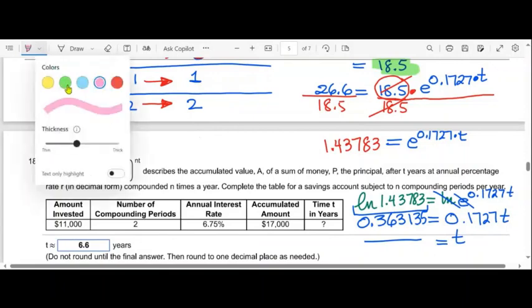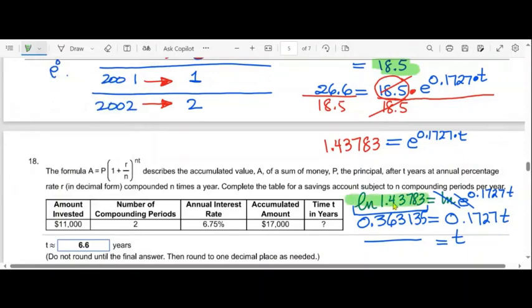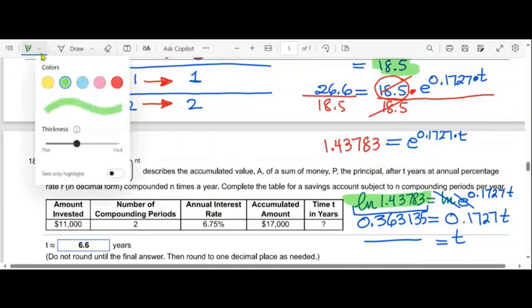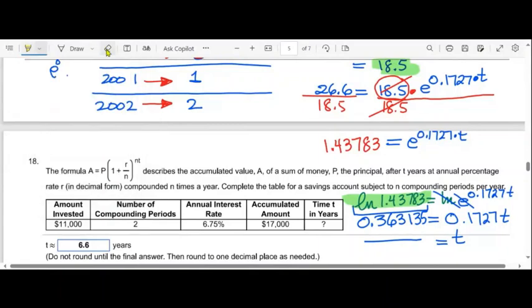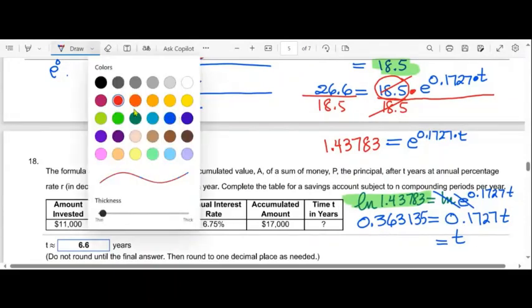I am one step ahead of you. How much is this value? Okay, ln 1.43783 will give us 0.363135. Very good. So this is the correct answer.